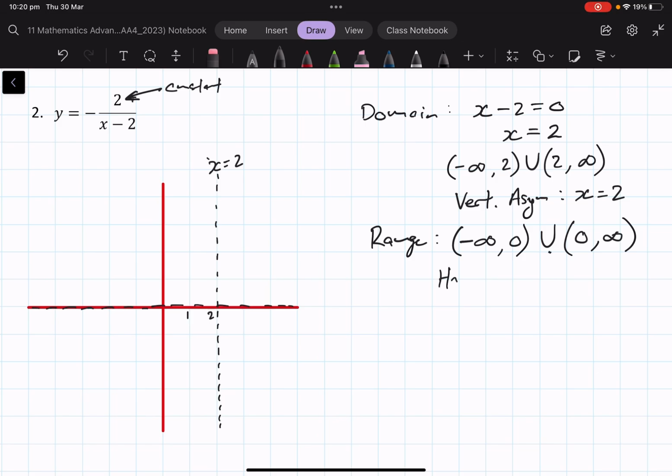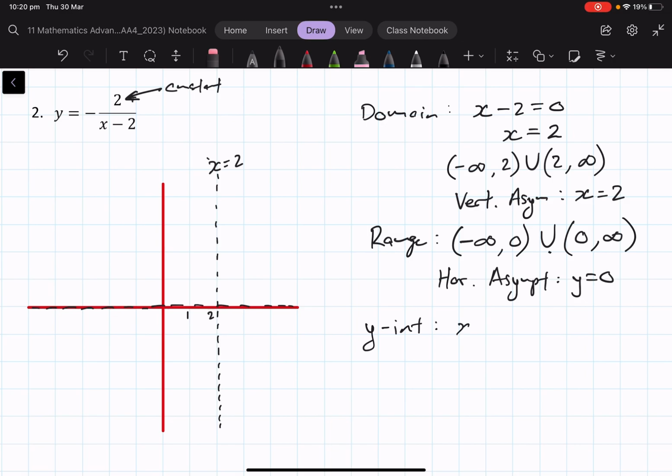So the horizontal asymptote would be y equals 0 is what we have. All right, now can we have any intercepts? Well, let's check, particularly for y-intercept. We can't have an x-intercept because we know that the horizontal axis is an asymptote, so it's never going to touch that.